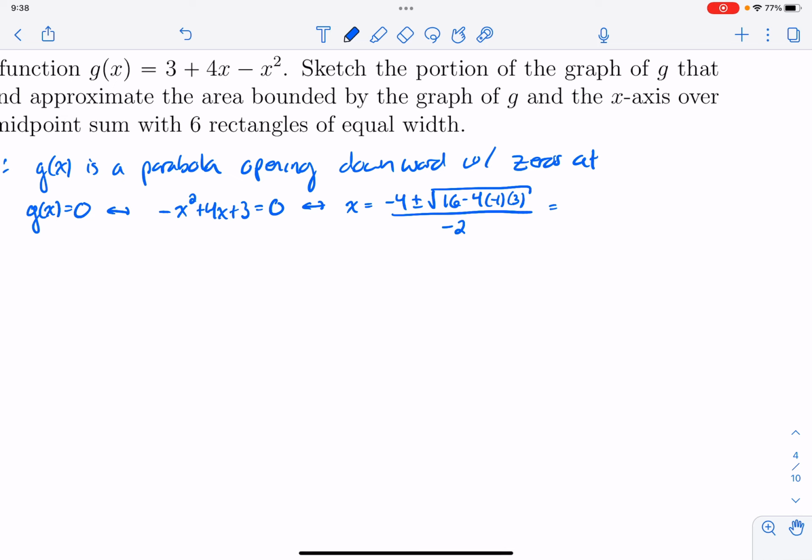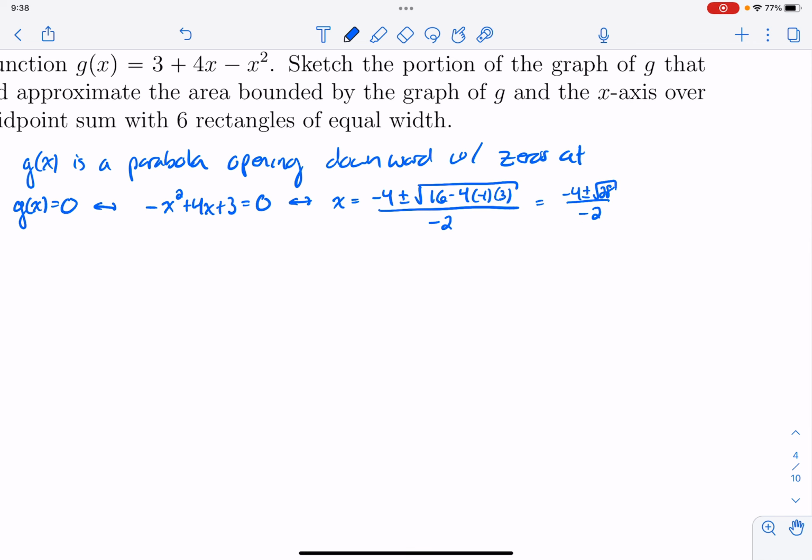So here we're looking at negative 4 plus or minus the square root of 28 over negative 2. If I factor a 4 out of 28, it comes out of the root as a 2. So this is the same as negative 4 plus or minus 2 root 7 over negative 2, which if I cancel with that negative 2 in the bottom, I'm getting 2 plus or minus root 7.